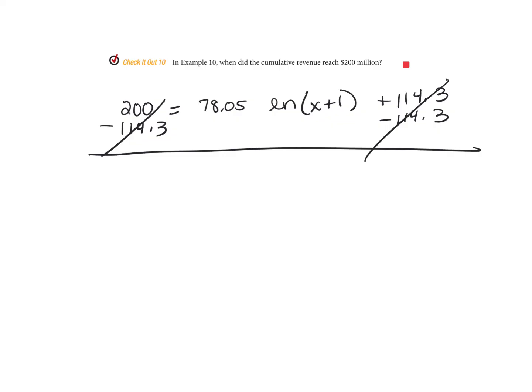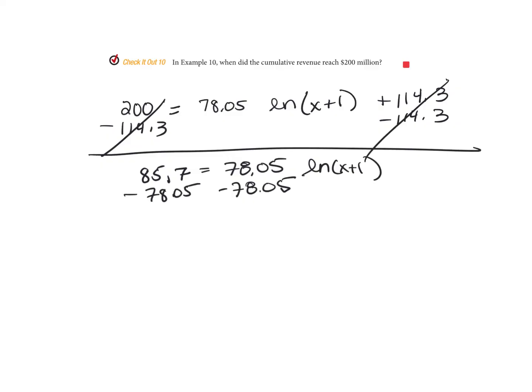Oh, sorry, that's going to equal 85.7, minus the 78.05. Or divide, I'm sorry. Divide. Gives you 1.098.